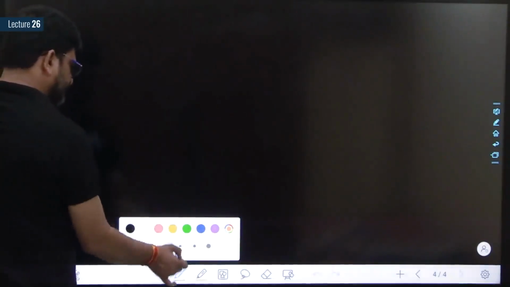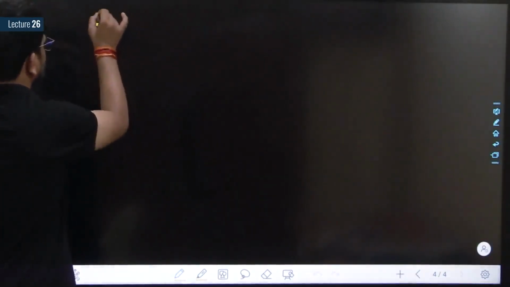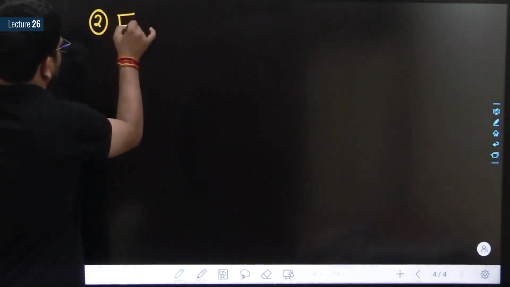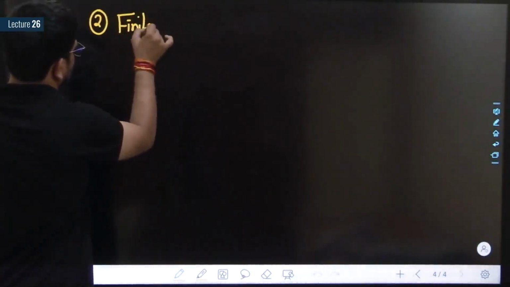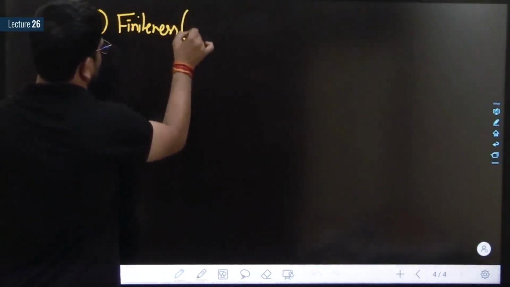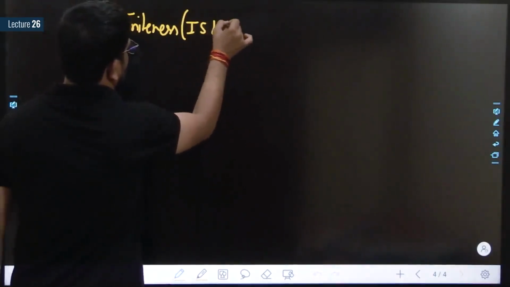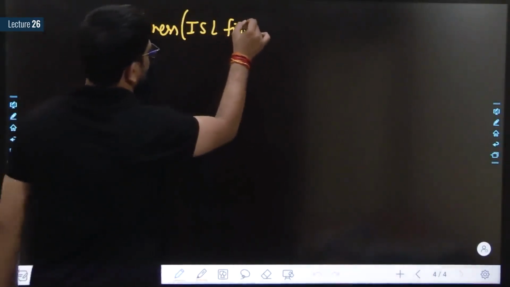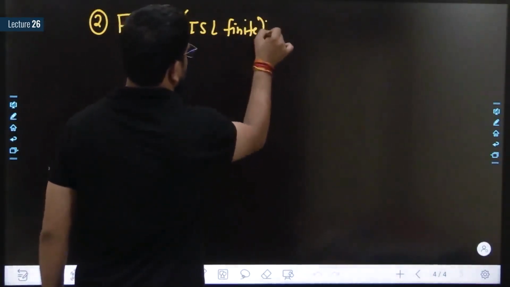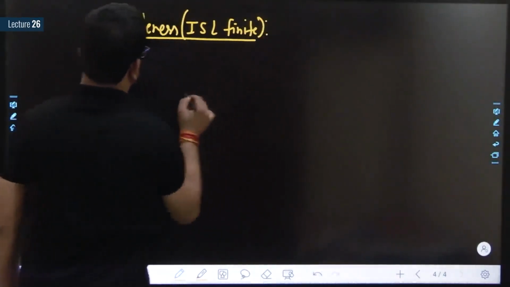Next property. Second property, finiteness. Is L finite? What is the statement?